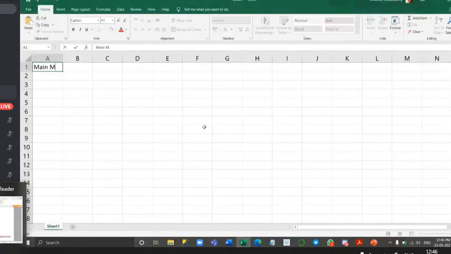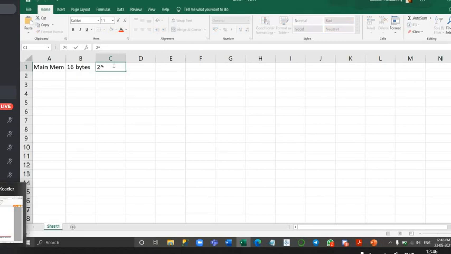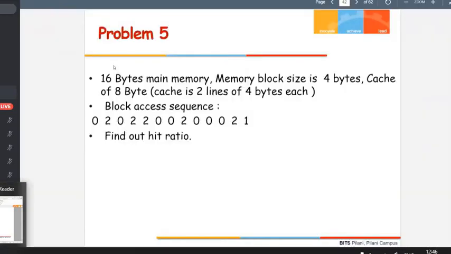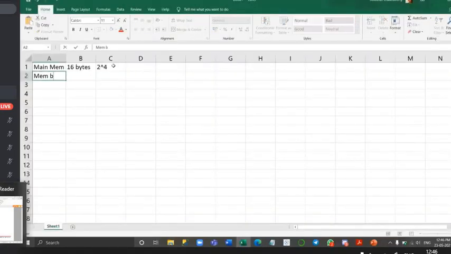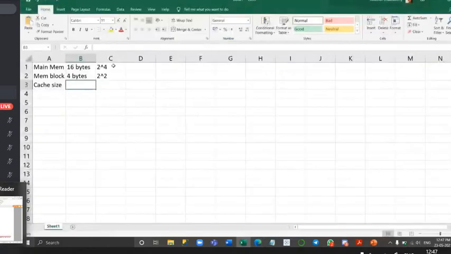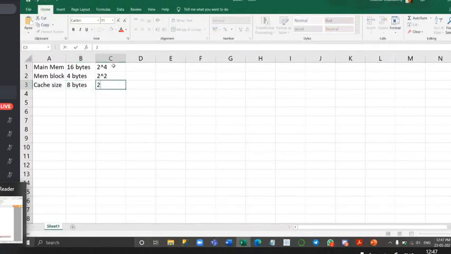That becomes 2 to the power 4. My memory block size is 4 bytes. That becomes 2 to the power 2. The cache size is 8 bytes, which is 2 to the power 3.